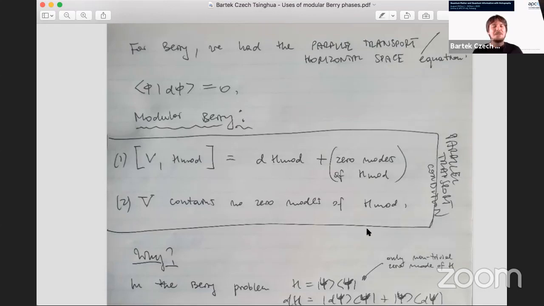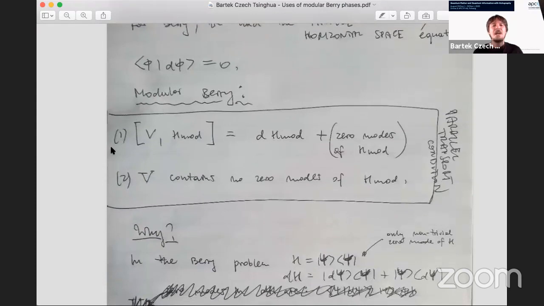I will talk about them in detail in a moment. We will see in a moment that these equations are very natural generalizations of that one equation to the case where we're not just varying a single state, but a whole modular Hamiltonian. And solving these equations will give us the notion of parallel transport in the current modular context. Any questions so far?